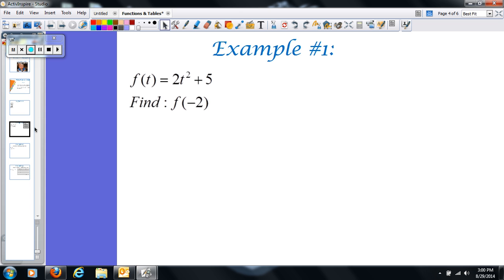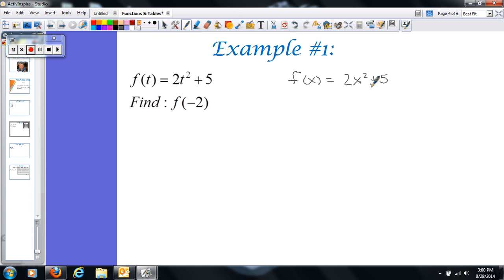So example number 1. This is what we're going to call function notation, the f of t. What that means is that this is a function in terms of t. For example, if I was to rewrite that as f of x, then it would be 2 times x squared plus 5.